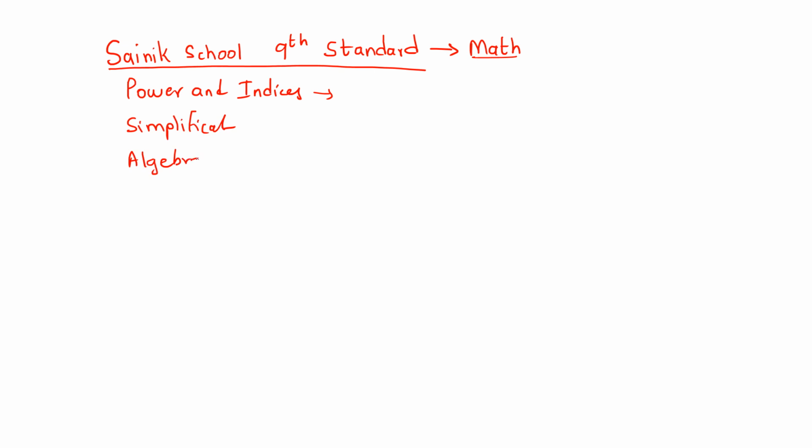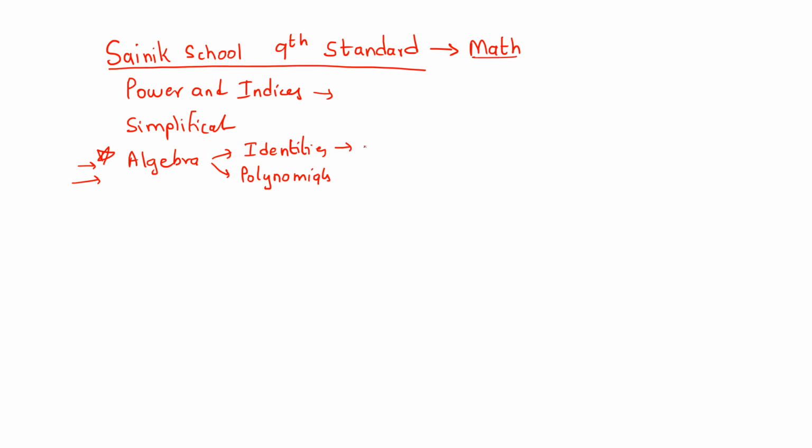Now here in algebra, using identities is one kind of section, and then there is one more section called polynomials. These are the two things that candidates need to focus on, and this will be a little tough for the candidates because it is newly introduced and the level of these questions is a little high.